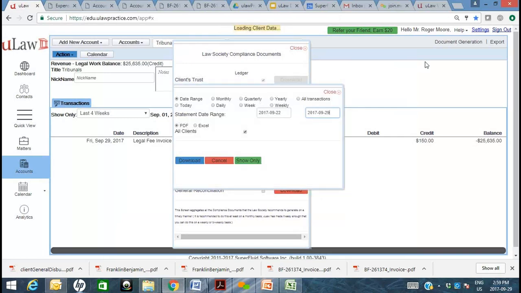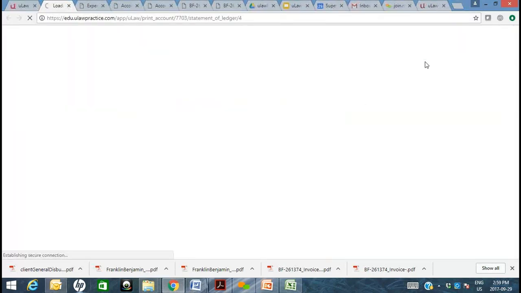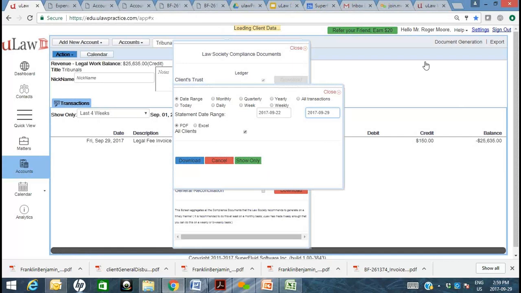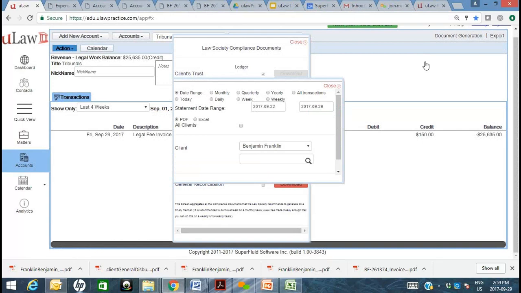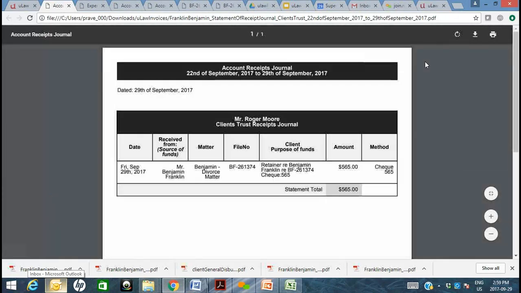Trust receipt. Let me continue to just generate those documents. General receipt. So this is your trust receipt.